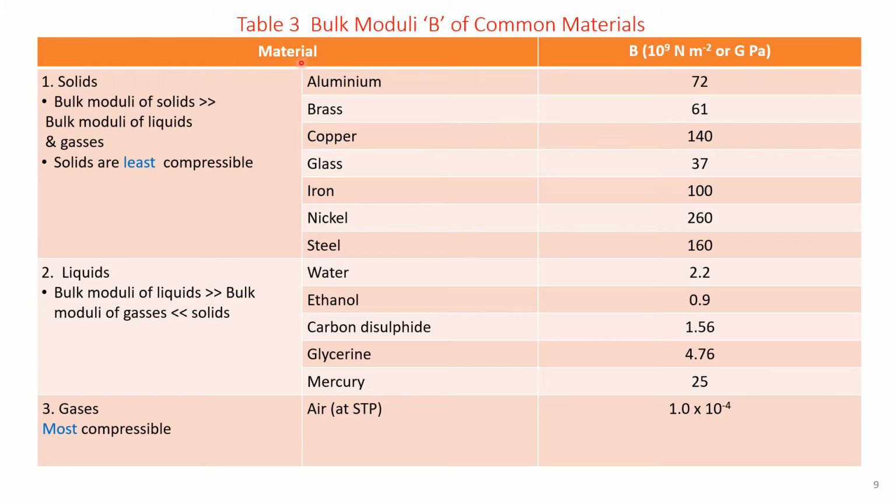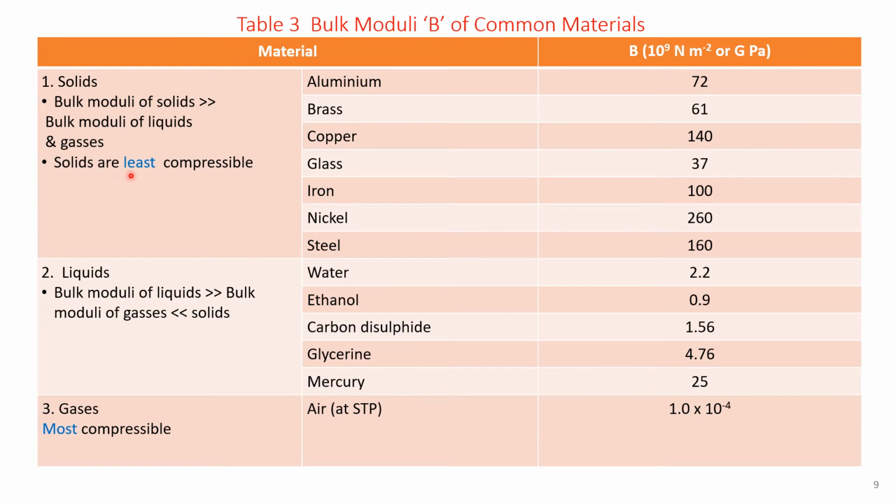The left side is the materials. The materials are classified as number 1 solids, number 2 liquids, and number 3 gases. The bulk modulus of solids is far greater than the bulk moduli of liquids and gases.